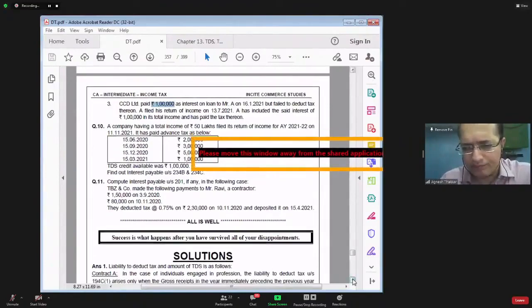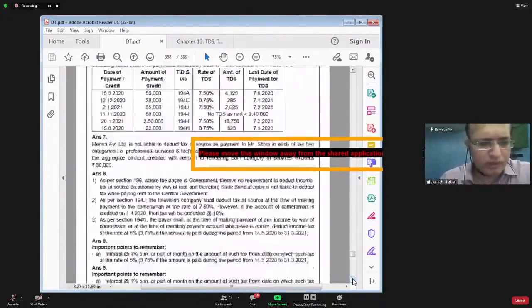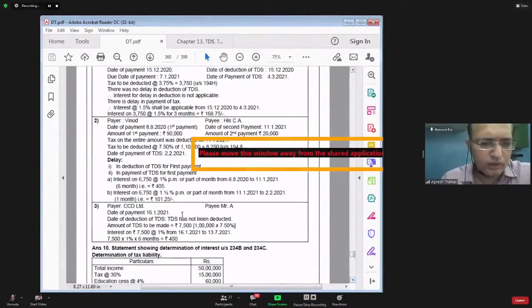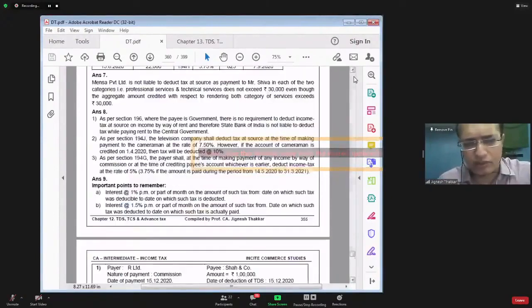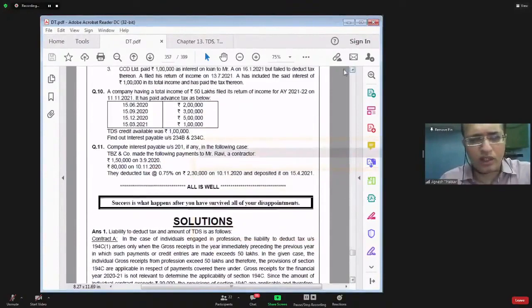That will be how much? 450 rupees. Yes or no? So 450 rupees will be the interest in case of point number 3 of question number 9. Now let's move on to the last question, that is question number 11.